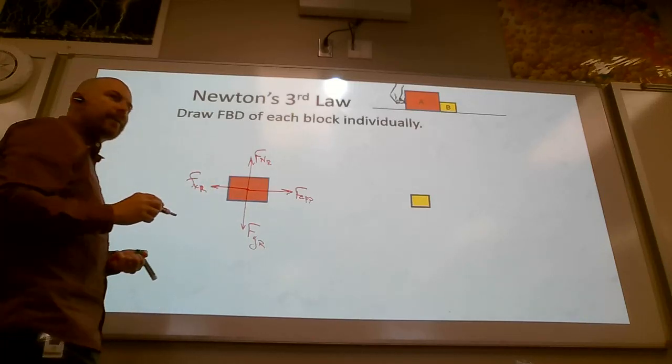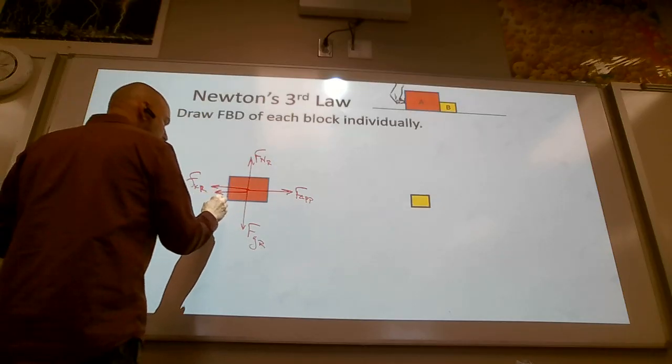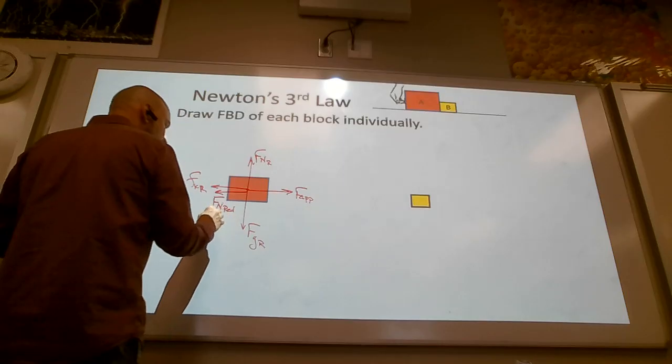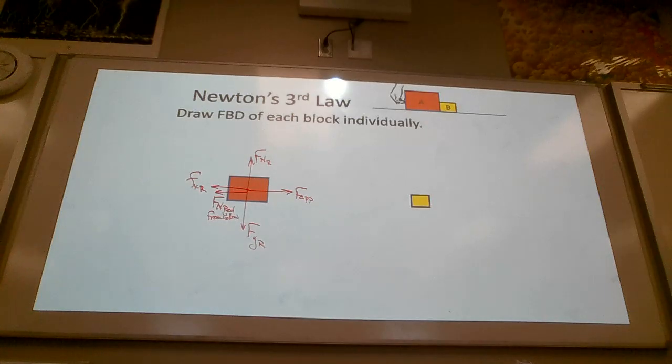You also have a normal force on the red from the yellow. You all right with that?